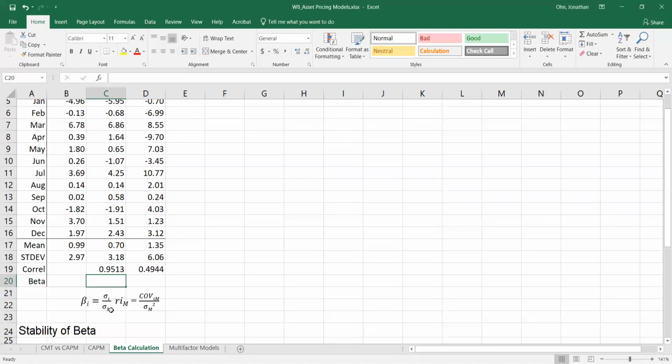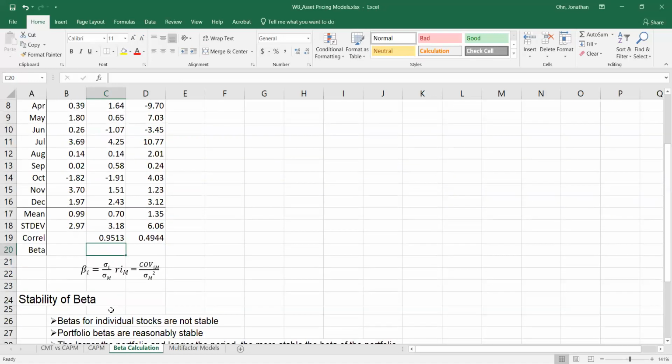Now, how do you calculate beta? You use the formula there: the standard deviation of the stock divided by the standard deviation of the market portfolio, times the correlation coefficient.